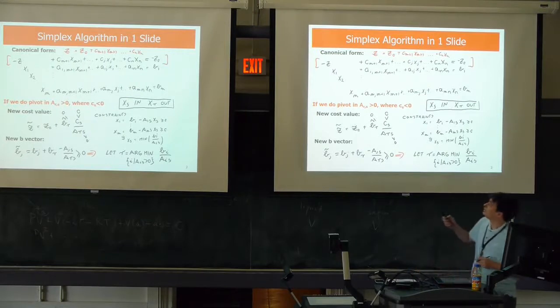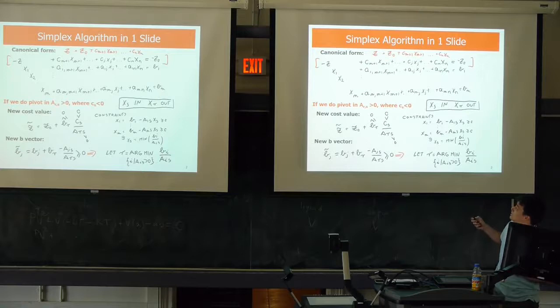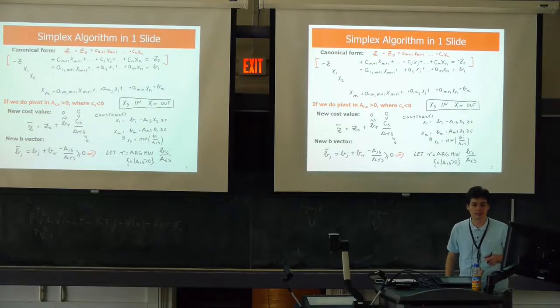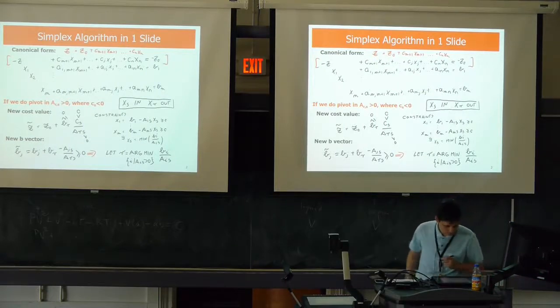Okay, and from this we know our goal is to minimize z. So we know if all these c_{m+1} through c_n constants are all non-negative, then the optimal solution is if all the non-basic variables, that is x_{m+1} and so on to x_n, are zeros. Right? So that's how we can minimize.